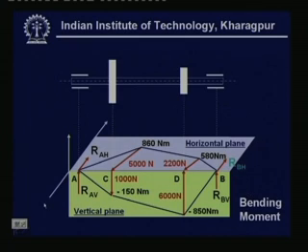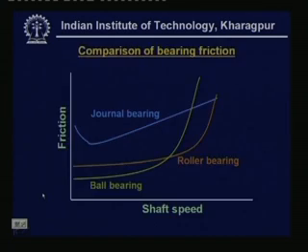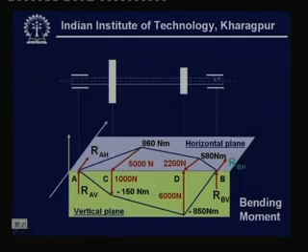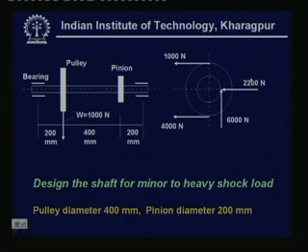Now, if I go back to this slide, please note that the torque applied onto this shaft will be obtained by this 6000 Newton multiplied by the radius of the pinion, or we can find out 4000 minus 1000 multiplied by the radius of the pulley.